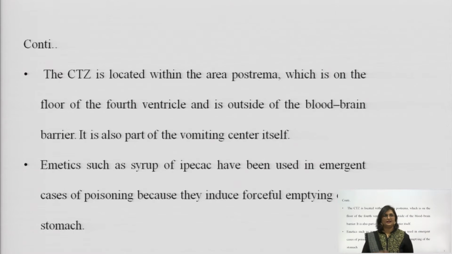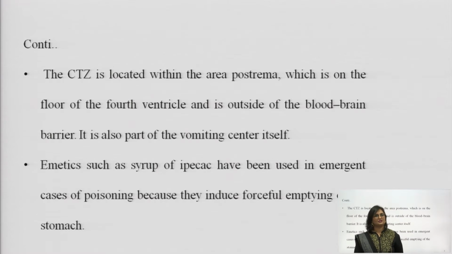This CTZ is located within the area postrema, which is on the floor of the fourth ventricle and is outside of the blood-brain barrier. So it is basically an uncovered area.